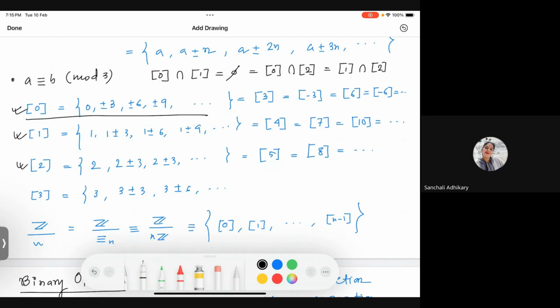Choose any two classes and take the intersection, and it is empty. If you take all three classes and take the union, you get the full set Z. Can you observe it?